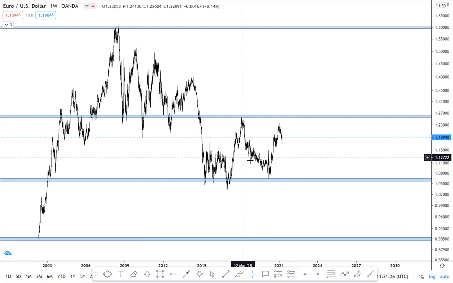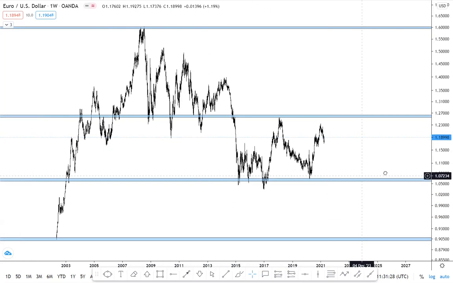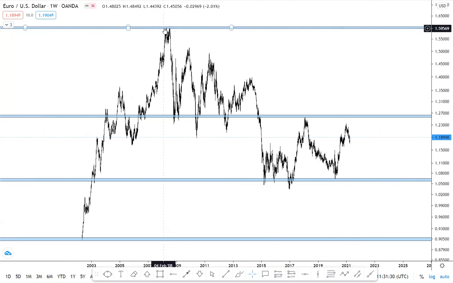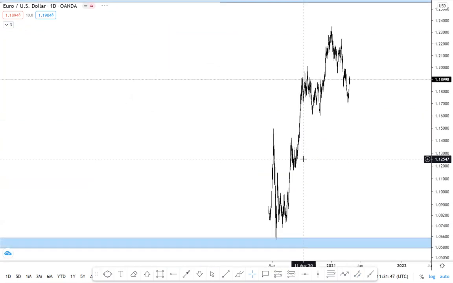Yes, so this is what we have on our weekly. You could see that bearish run, bullish impulsive move, and we see this bearish corrective move, and we are also seeing the current bullish run from this point to that point. So let's go to the next lower time frame to see price action playing out quite clearly.